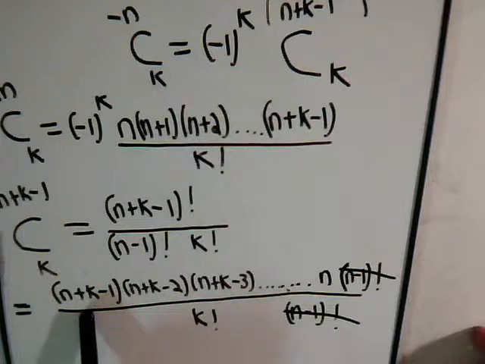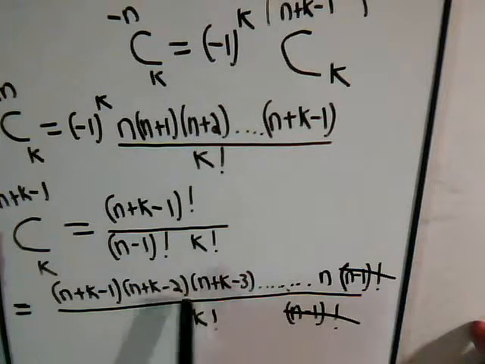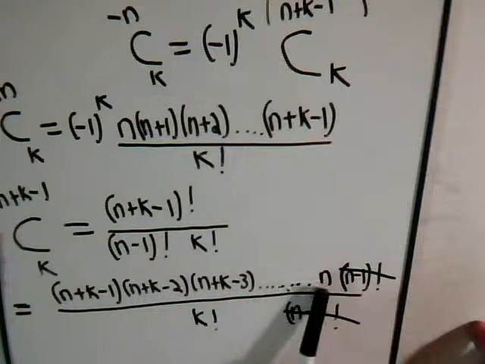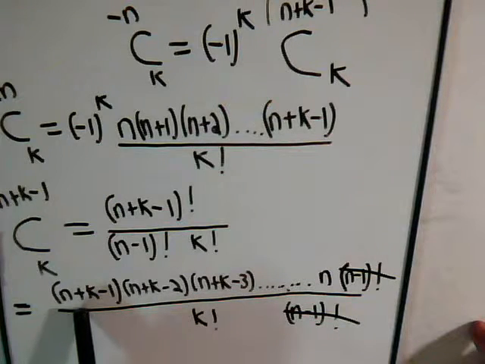Notice that we start here at n plus k minus 1, and as we go to the right, each term gets smaller by 1 until we reach n. Or we could start at this end and say that each term increases by 1 until we reach this number.